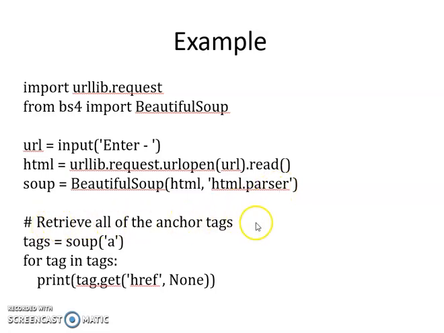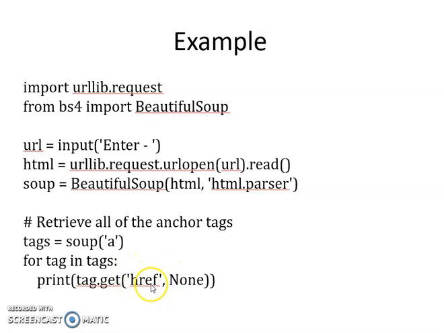What we are retrieving here is all the anchor tags, which are in the A. Retrieve all the anchor tags and store them in tags. This tags is in the form of a list. Extract one by one from that list and print it. It's also like a dictionary, so use the get method on that.